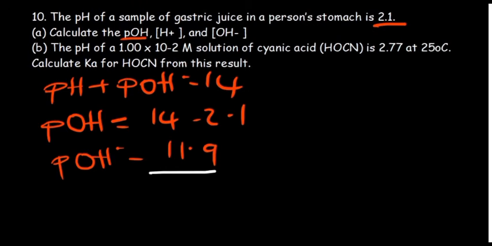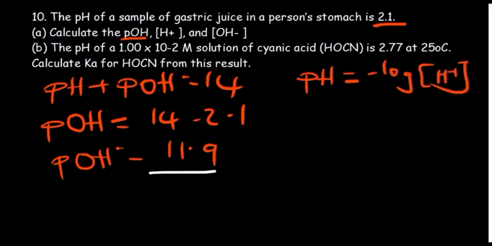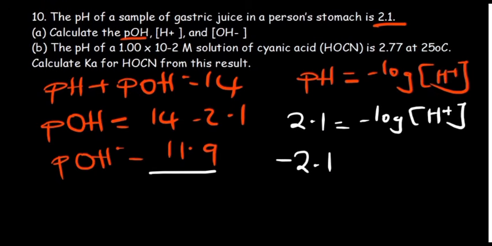The second part is the concentration of the hydrogen. When you're talking about the pH, it's the negative log of the hydrogen concentration. So our pH is equal to 2.1, the negative log of the hydrogen concentration. We can divide both sides by negative, and we have negative 2.1, so this will become positive.